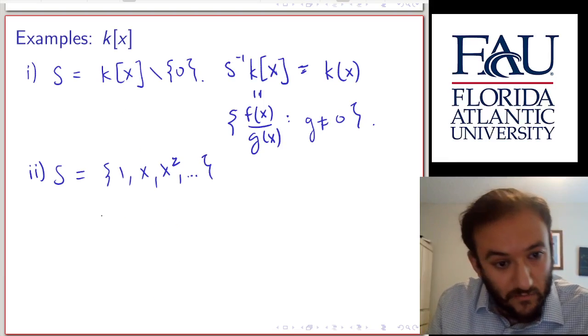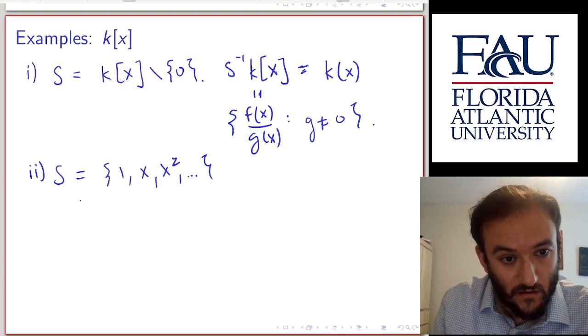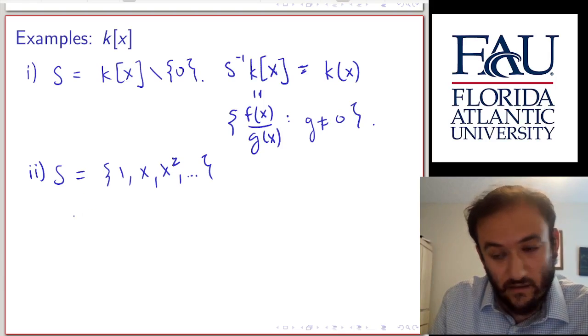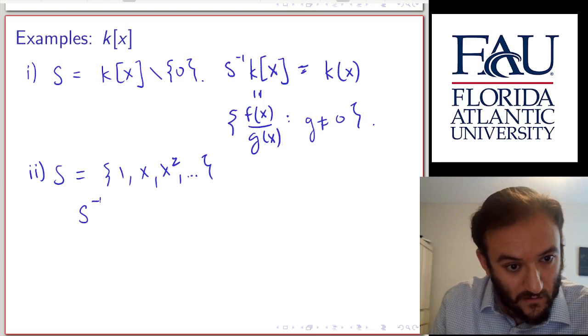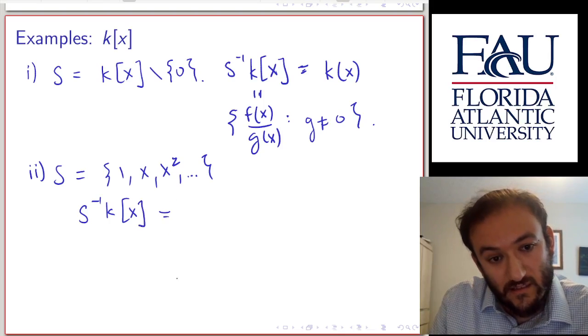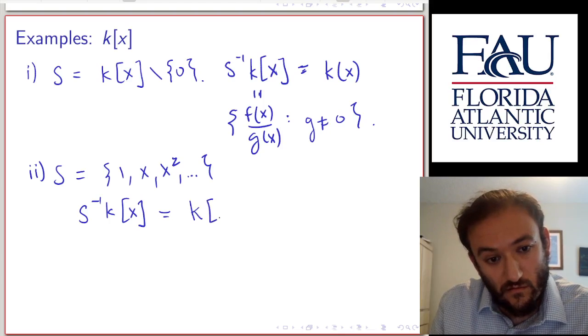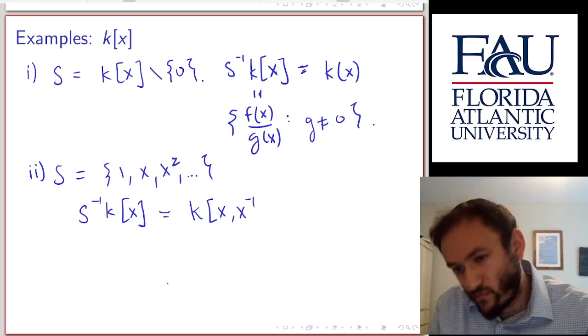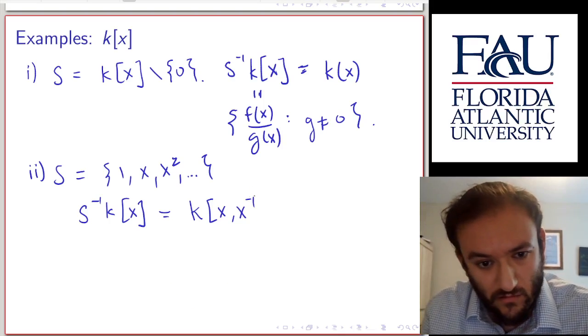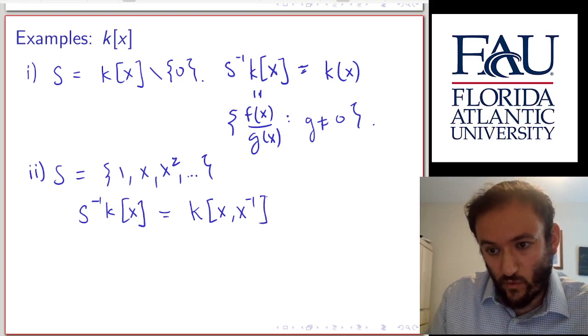If we try to localize here, S inverse k adjoin x is going to be the ring of what's often called the Laurent polynomial ring in one variable.